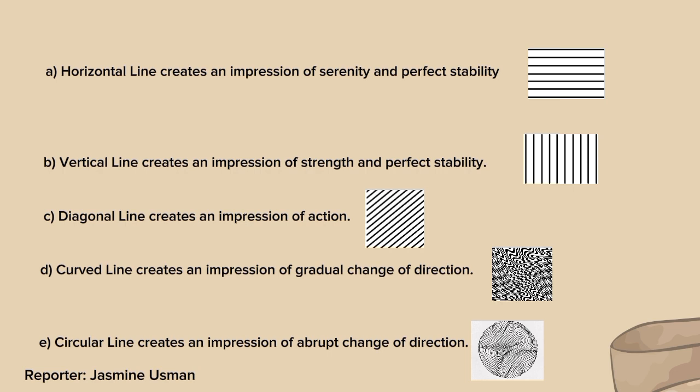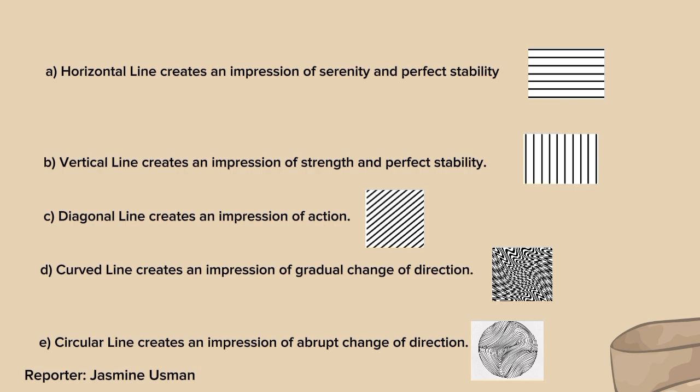These associations contribute to the perception of serenity and perfect stability. In art and design, the deliberate use of horizontal lines can convey a sense of peace, balance, and harmony, creating a visually soothing effect for the viewer.